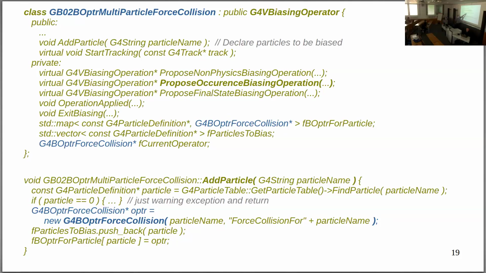And for each of them, you define a G4 biasing operator force collision. Actually, when you add a particle, you instantiate this operator that forces the collision, specifying the name of the particle, essentially.